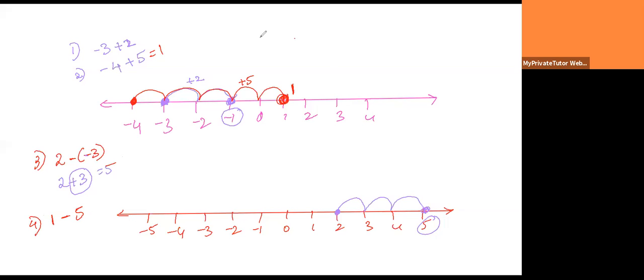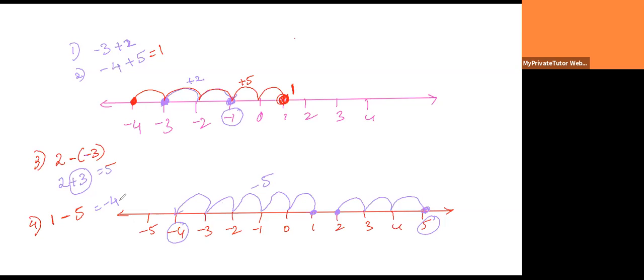The starting number is 1, and minus 5 means we are going to subtract, right? So we are going to go to the left side. 1, 2, 3, 4, 5. You can see that. Minus 5. So 1 minus 5 is nothing but -4. So we got the answer.